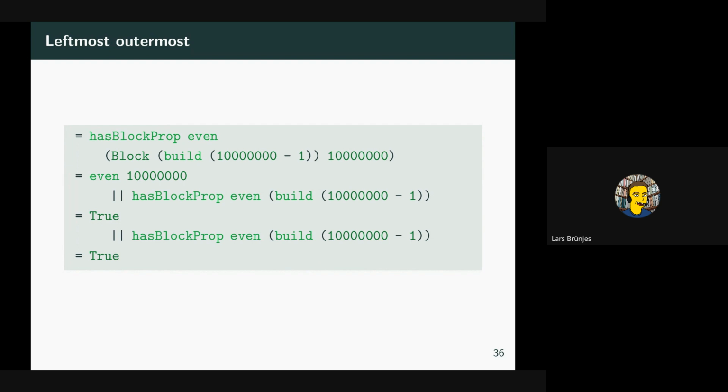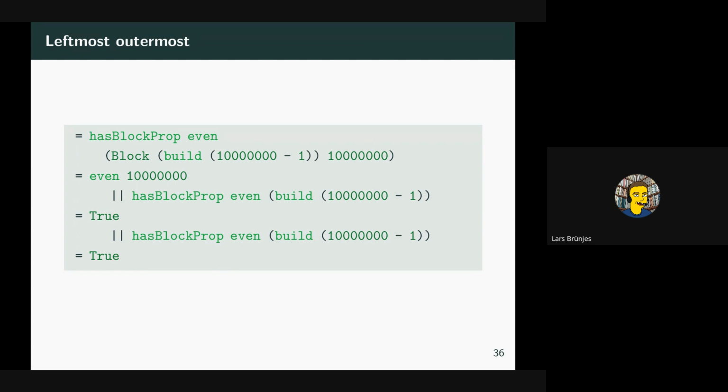And basically the evaluation order in Haskell is different than other languages. So if you apply a function to arguments, f of x, or f of x, y, then in other languages, they use something called eager evaluation. You always first evaluate the function argument. So if you want to compute function f applied to an argument x, then in other languages, you first evaluate the x, and then you evaluate the function.